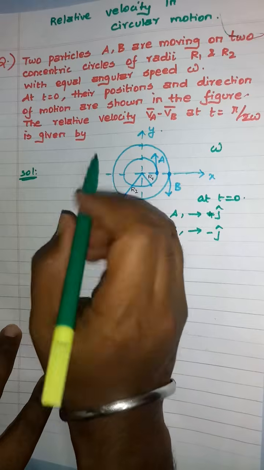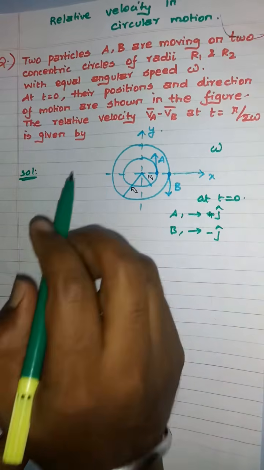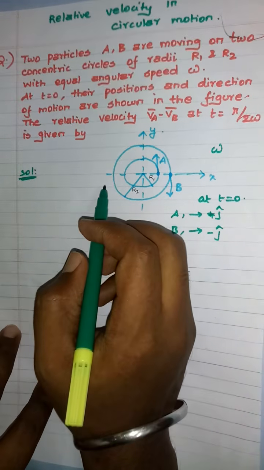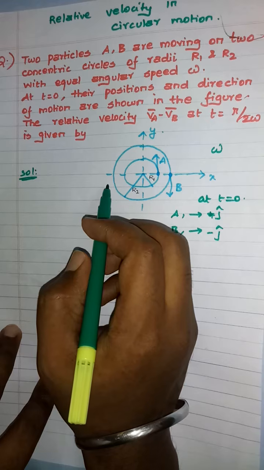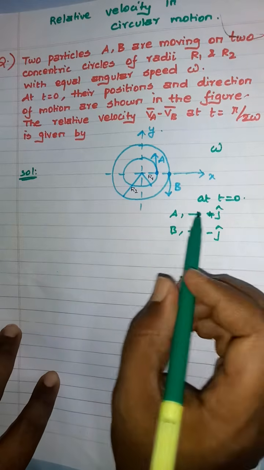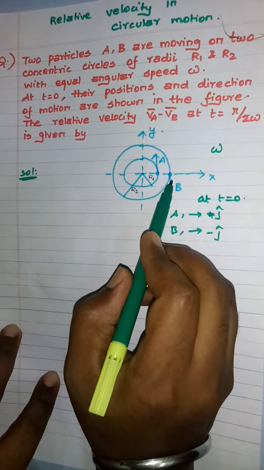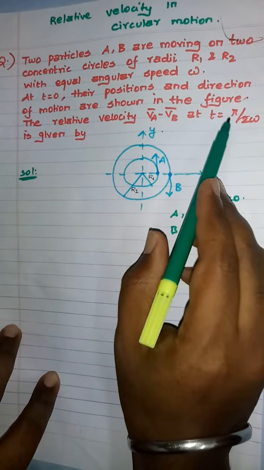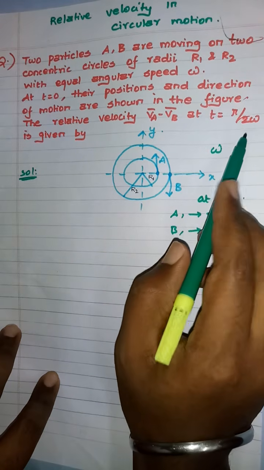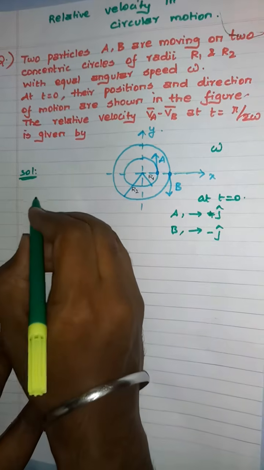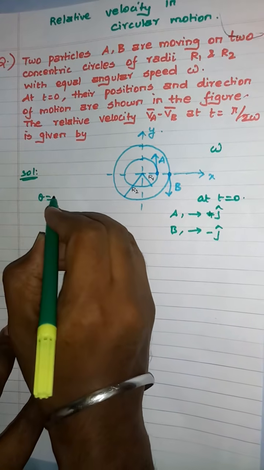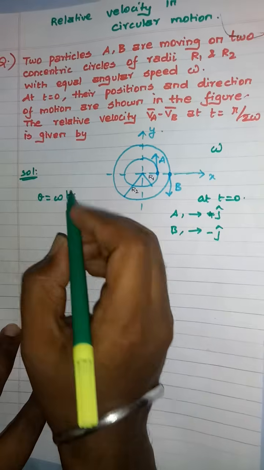To find the relative velocity for this type of question, first you need to find the angle of revolution that these two particles A and B made at t = pi by 2 omega. For that, you can use the relation theta = omega t.